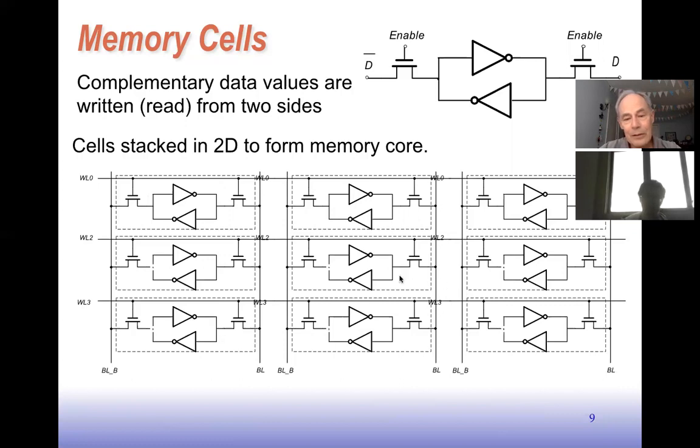And since only one row is activated at a time, this is kind of like a tri-state situation where only one driver, in the case of reading, is using the bit lines. So all the bit cells in a column can share the same bit lines because there's only one that's ever active at once.